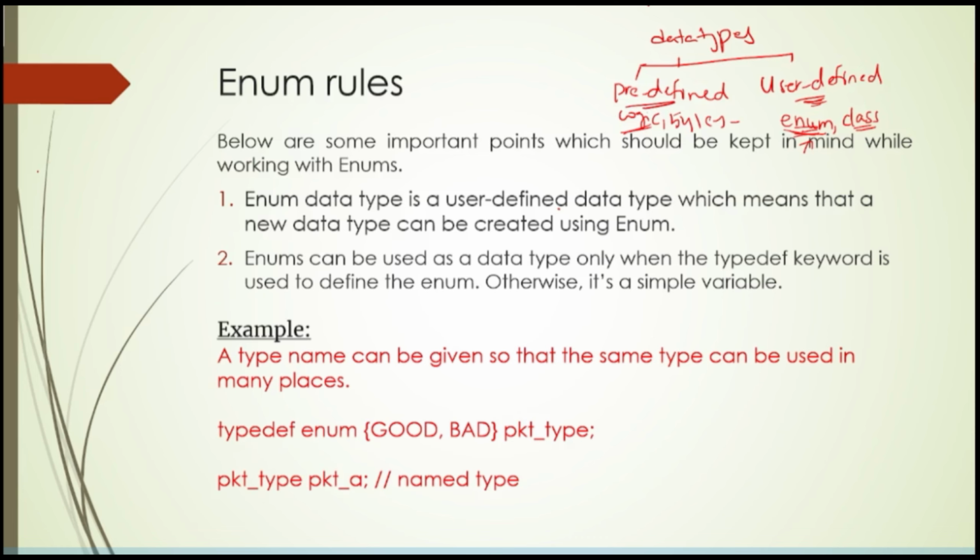For example, int packet. Now, this packet is my variable, and int is my data type. Similarly, string data. Here, data is my variable.